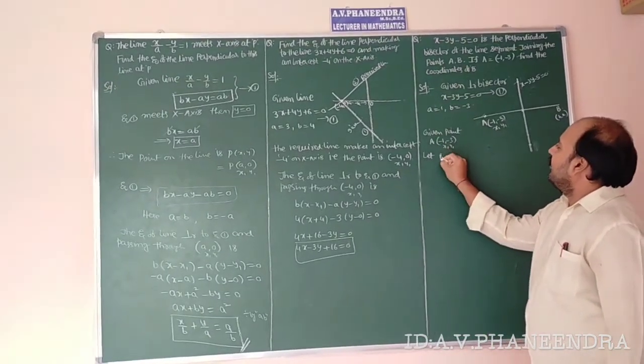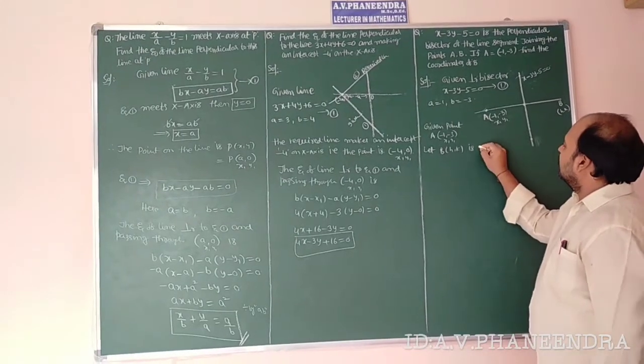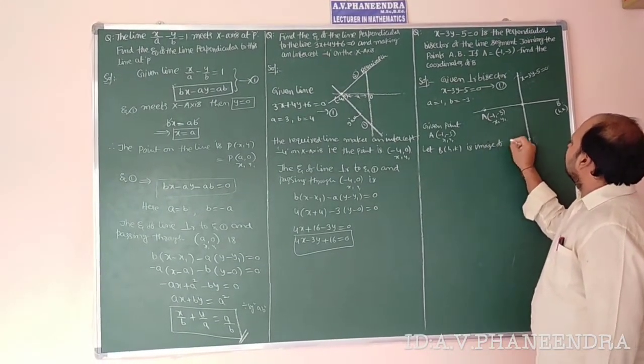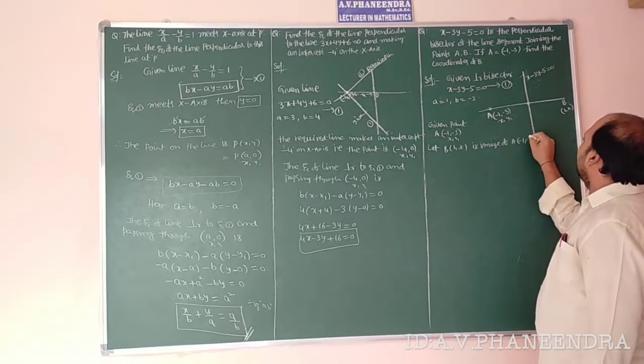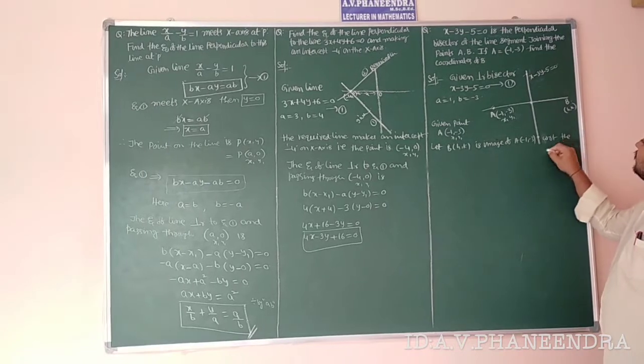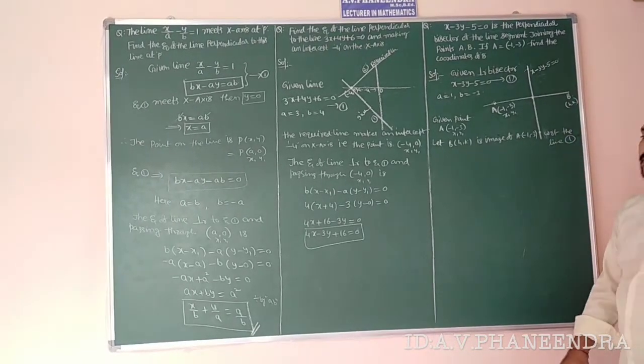Let B(h, k) be the image of A(-1, -3) with respect to the line, equation 1, that means line 1.